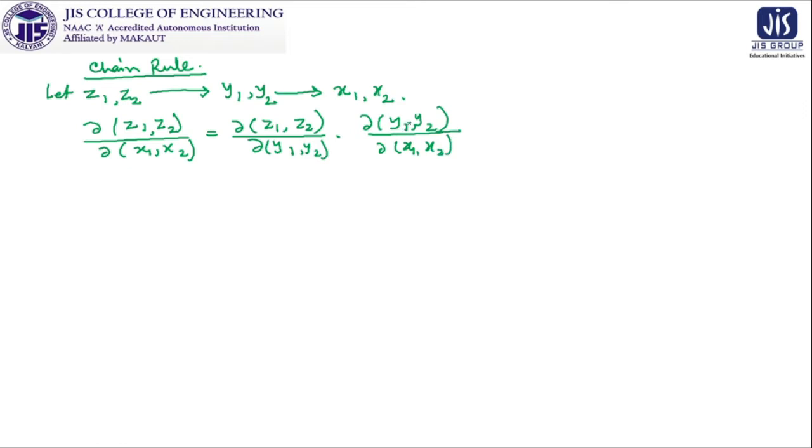So in this manner it is clear to you that we can do the same thing for the chain rule of Jacobians, what we have already learnt in the chapter of the chain rule.